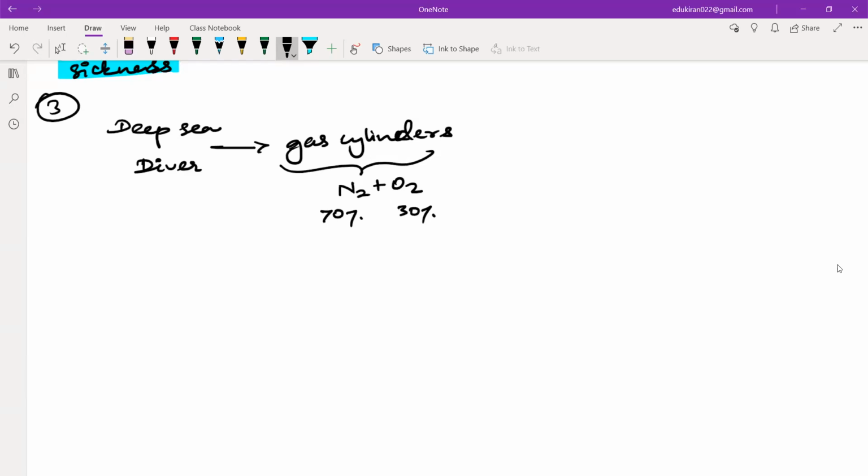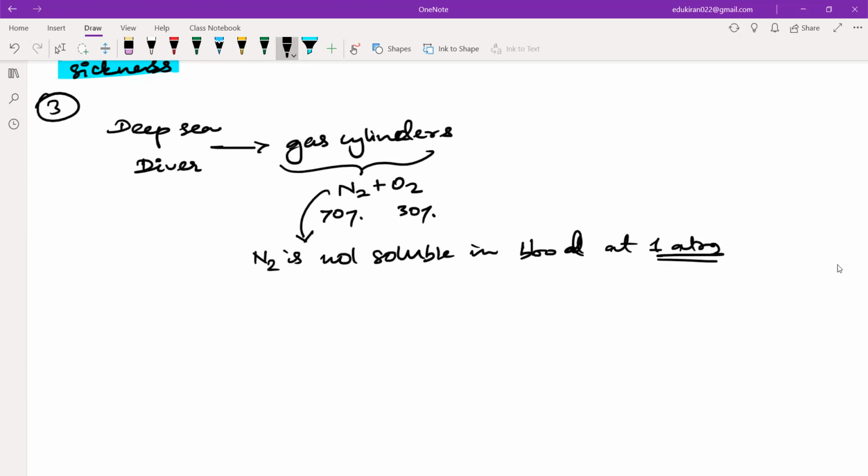That means we have N2 and O2 और इसी proportion में उन्होंने डाल दिया, right? N2 and O2 in the same 70-30 proportion. Now what happened? N2 जो 1 atmosphere पे है, N2 is not soluble in blood at 1 atmosphere.